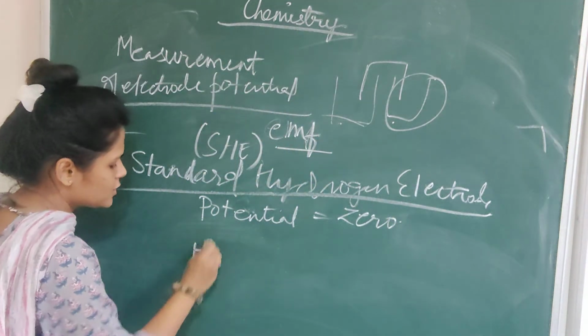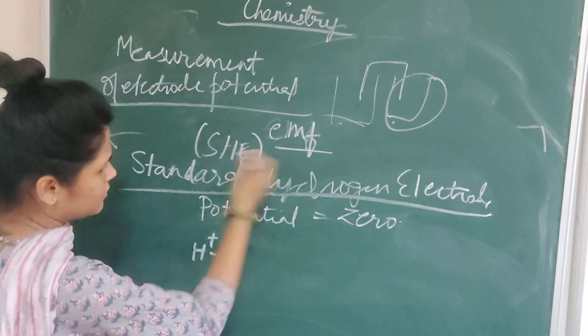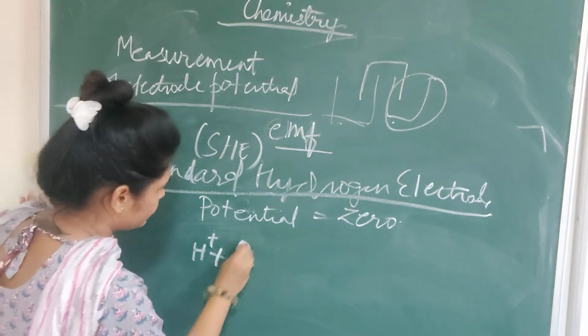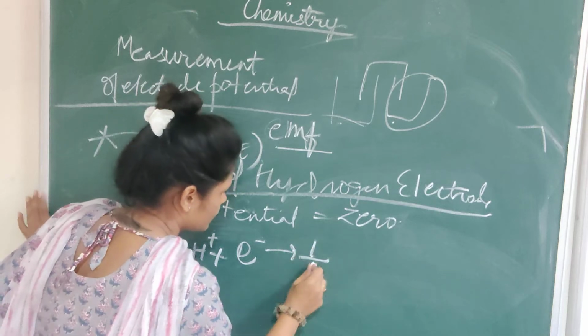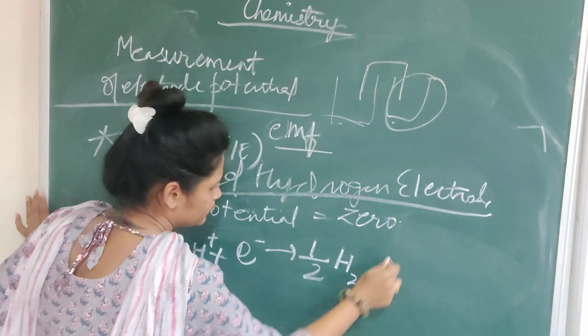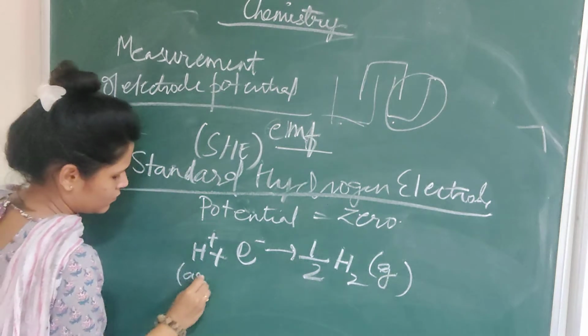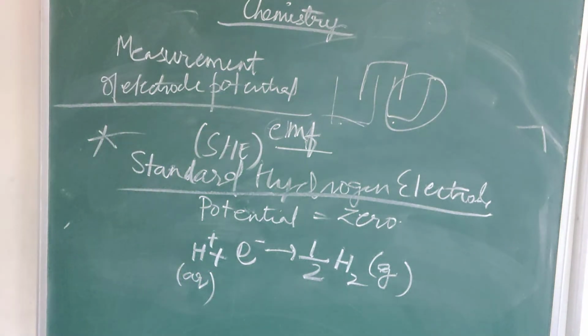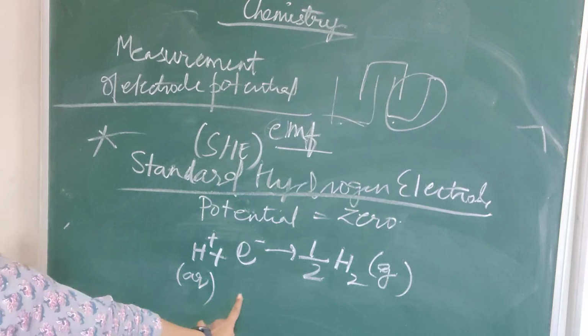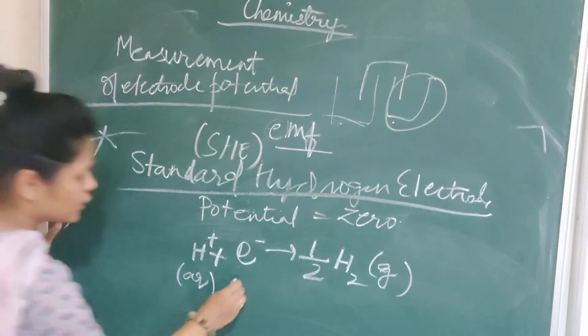What is the reaction of this particular SHE? This is the reaction, and by this you can see that we have added electrons, so this is reduction.